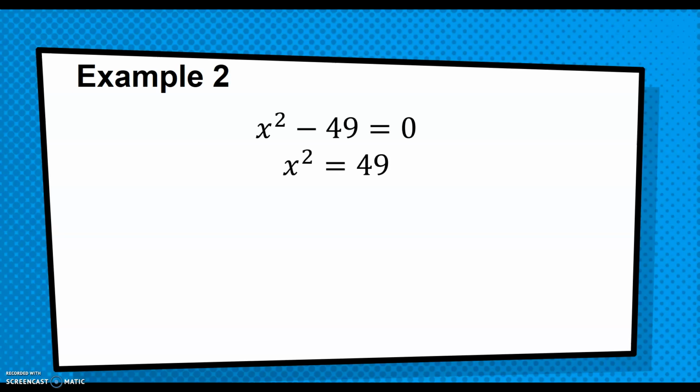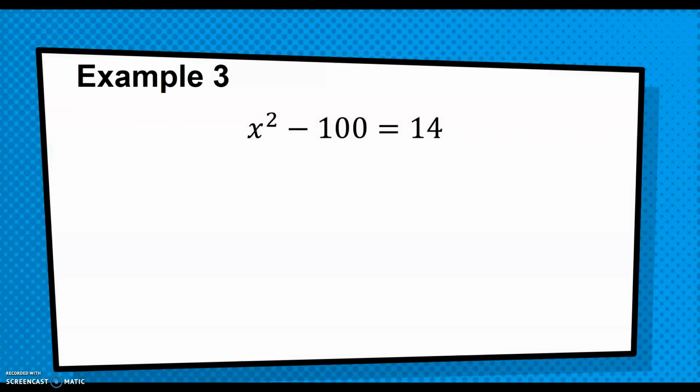Now I can apply the square root property. So I take the square root of both sides. Well, I know that the square root of x squared is x, and I know that the square root of 49 is 7, but it's also going to be negative 7, so it's plus or minus 7. And again, that means that this quadratic crosses the x-axis at both 7 and negative 7.